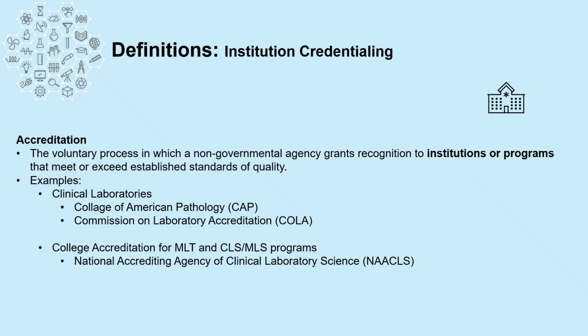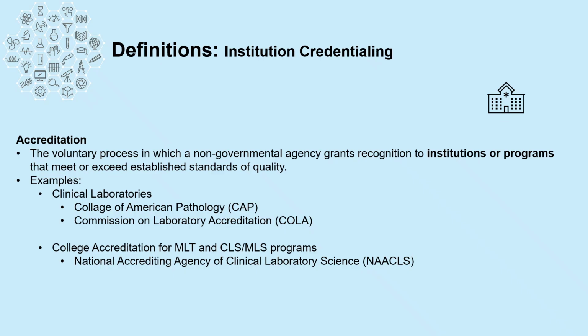So now let's talk about institutional credentialing. A clinical laboratory scientist or a clinical laboratory professional is going to work in an accredited clinical laboratory. I'll talk about clinical laboratories later, like a reference lab or a hospital lab, but the important thing is that that lab or institution has to be accredited itself.